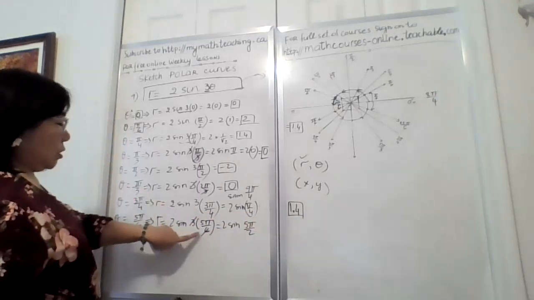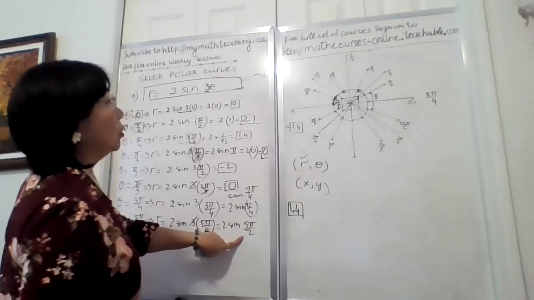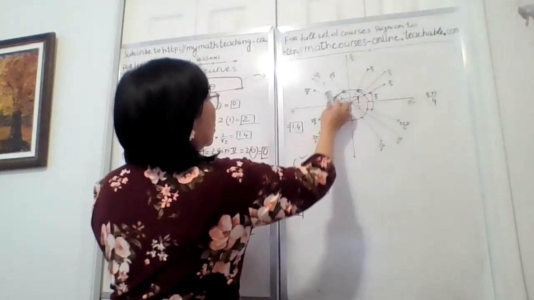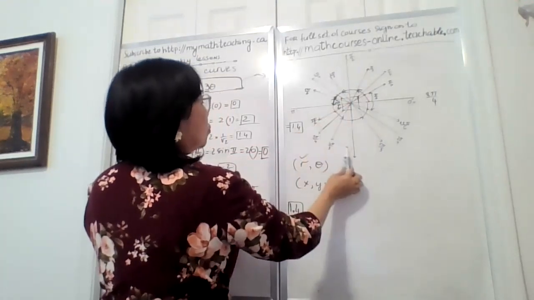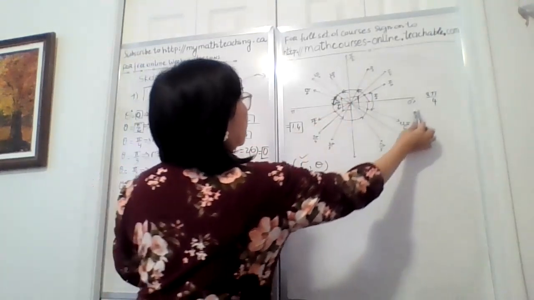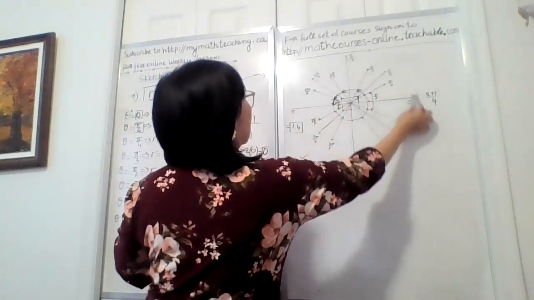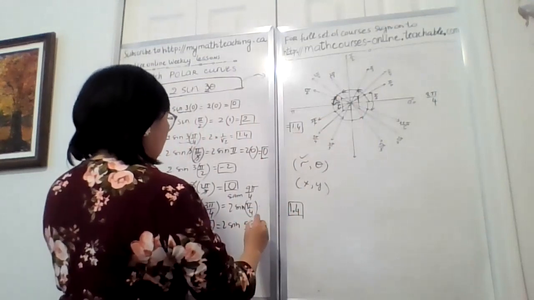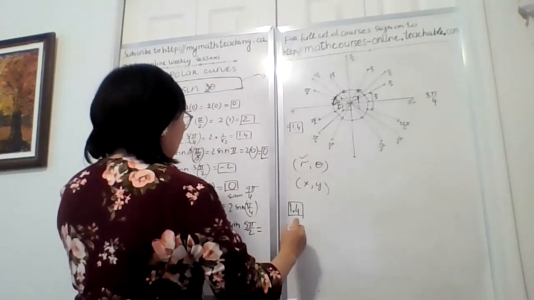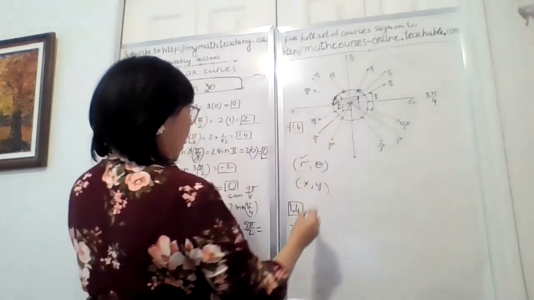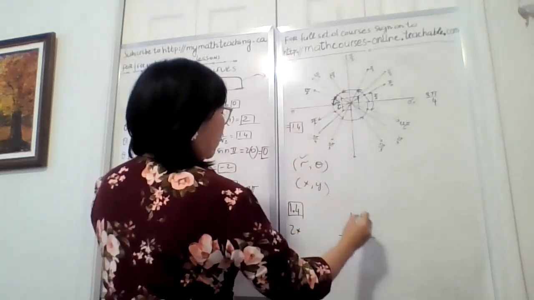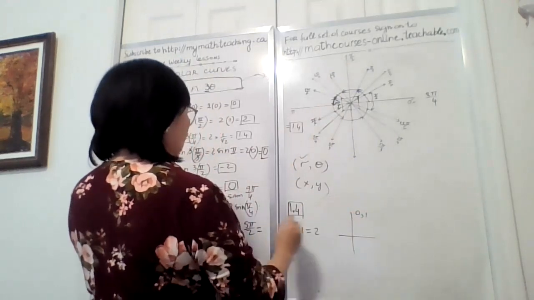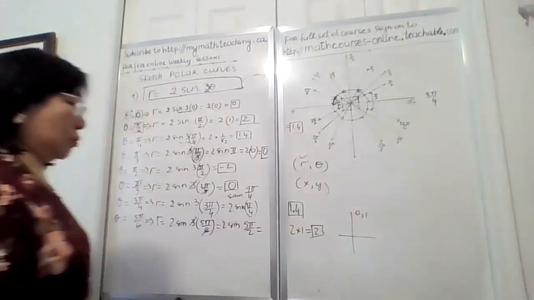Now 1 pi over 2 is here, 2 pi over 2 is here, 3 pi over 2 is here, 4 pi over 2, 5 pi over 2 back in there. So the same as 2 times sine 5 pi over 2, which is 1, so 2 times 1 equals 2. So back in 2, right?